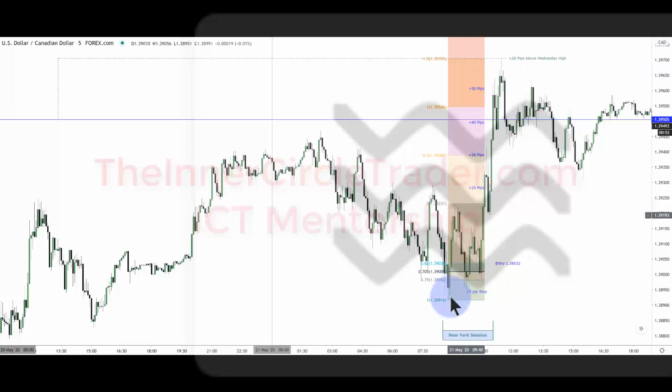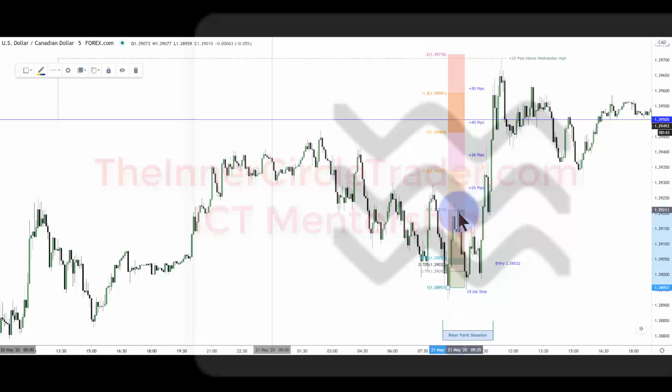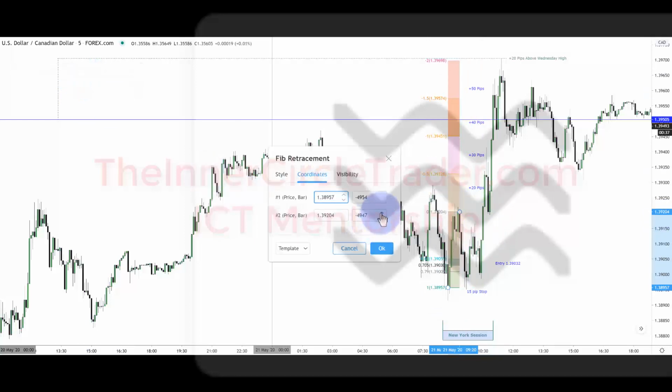Now if we refine this to use the bodies in here, and then walk that out, beautiful.